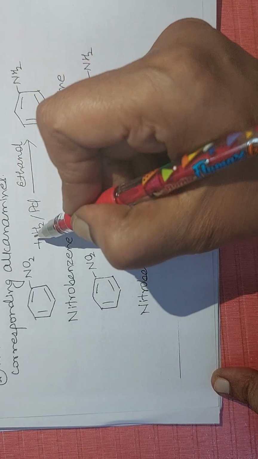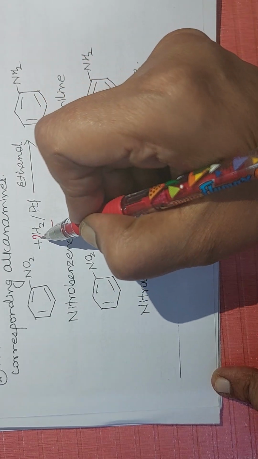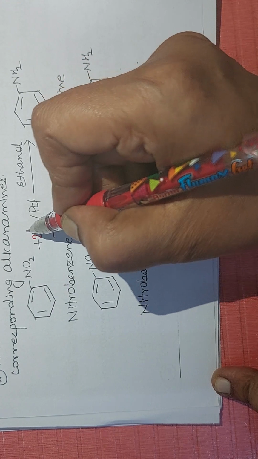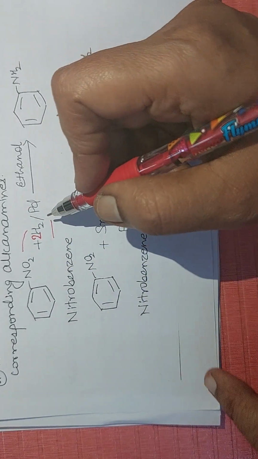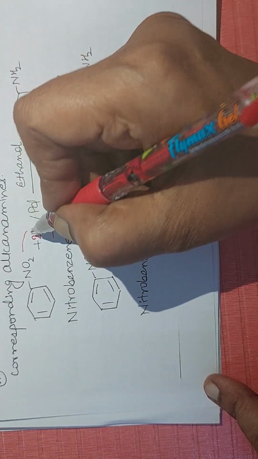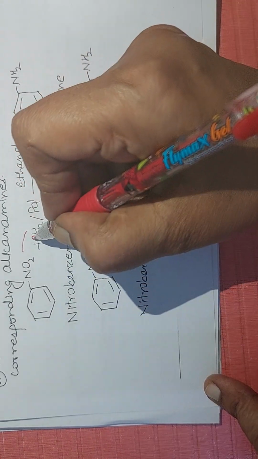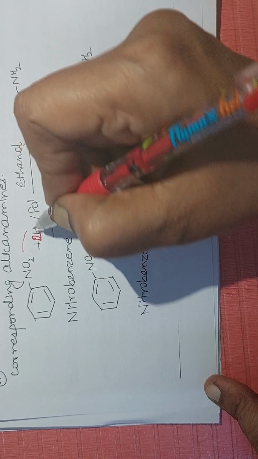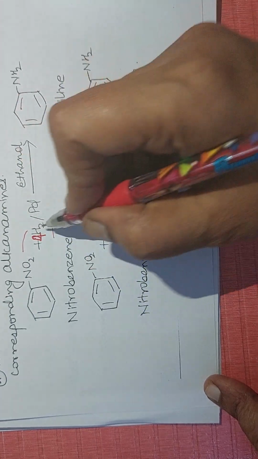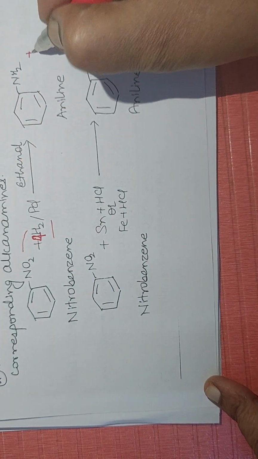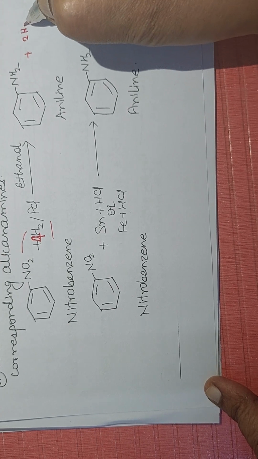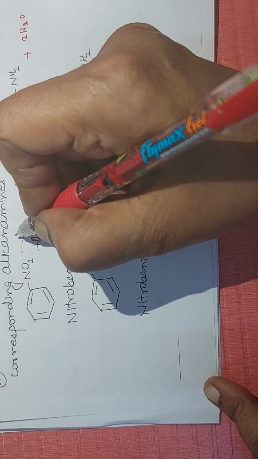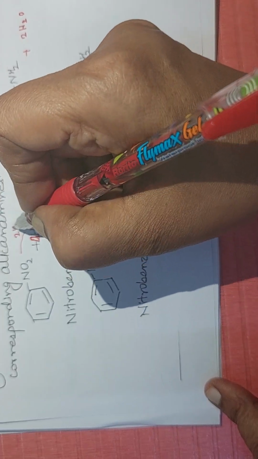Undergo reduction two times. Two hydrogens, one hydrogen, two hydrogens. You can write four hydrogens. Two oxygen as 2H2O. 2H2O gone.